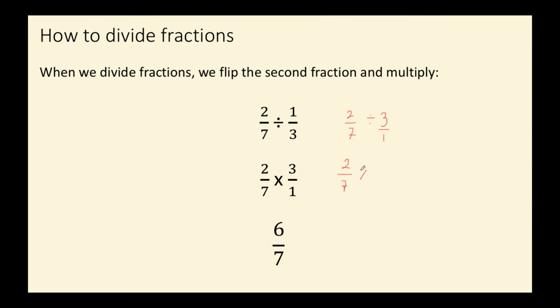We change the sign to a times and we flip the fraction over to 1/3. So we have changed our whole number to a fraction, but we still have to flip it when we get to the times part. So then we have 2 times 1 is 2, and 3 times 7 is 21. So that would be our answer.